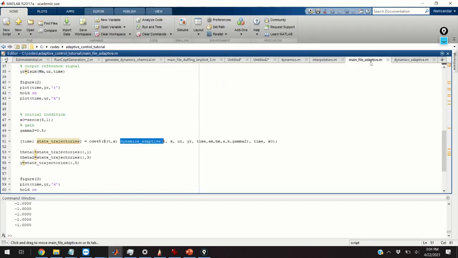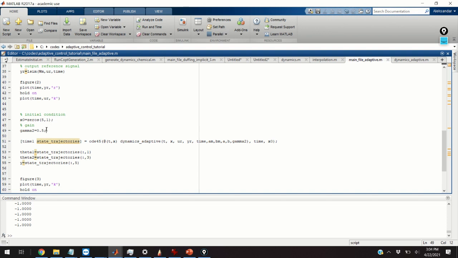Now, we're basically ready to simulate the system dynamics. First we specify the initial condition, zeros, although you can also specify arbitrary initial conditions, and you can specify the gain gamma. In our case, we are going to select gamma equal to 0.5 and we want to see how the system behaves for this value.